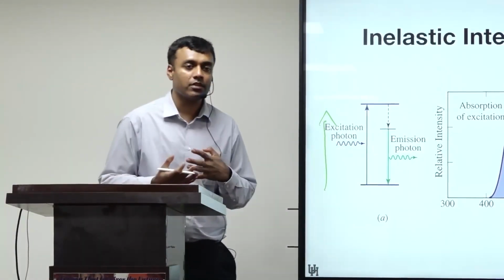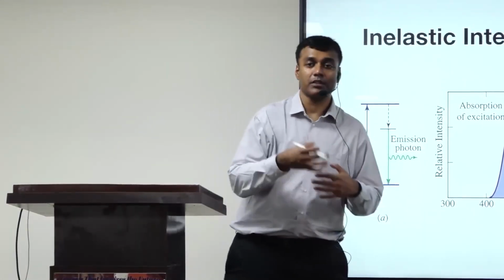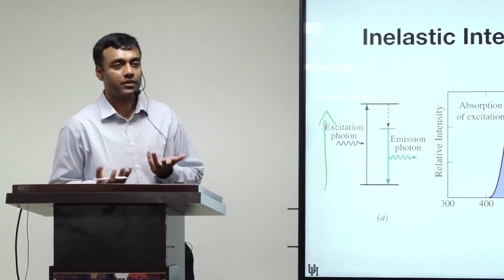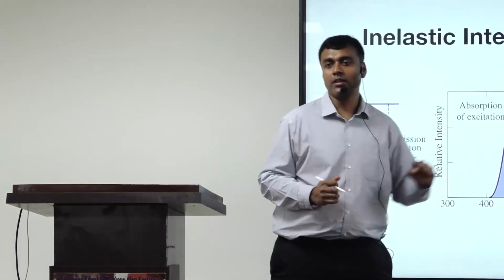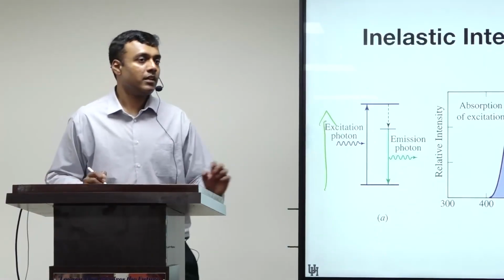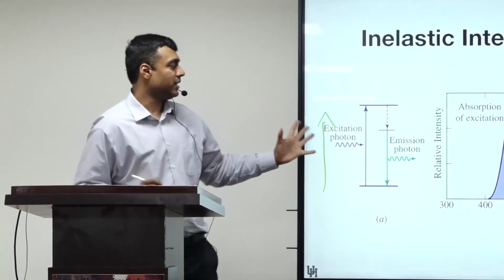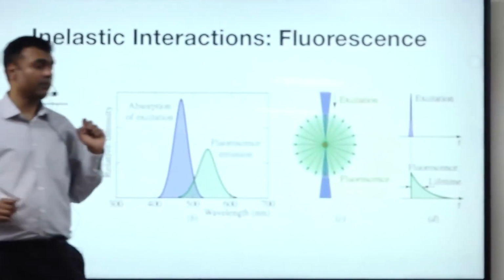There is intrinsic fluorescence. There is also extrinsic: you can add something which has fluorescence, so that you can do an experiment very efficiently. But all of them come under the umbrella of fluorescence, where the basic principle is that light is absorbed at one wavelength and emitted at a different wavelength.